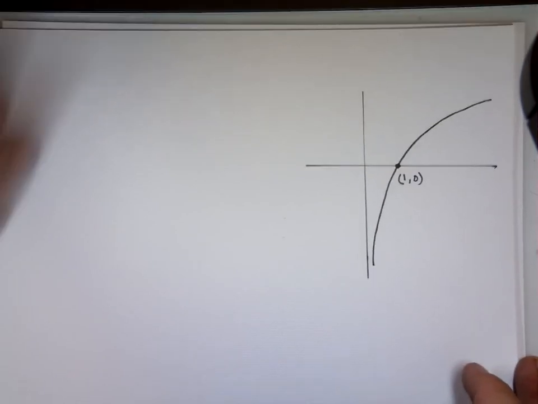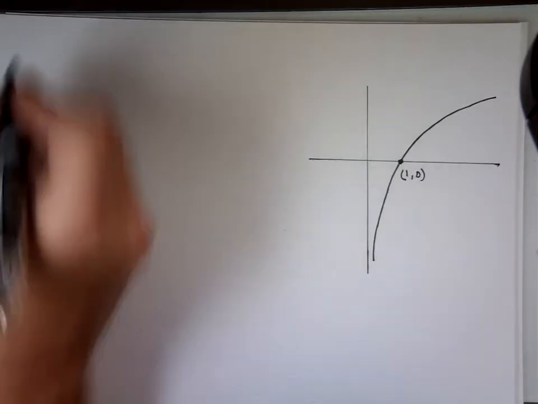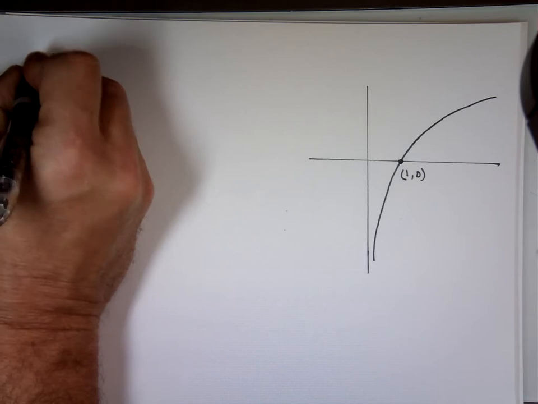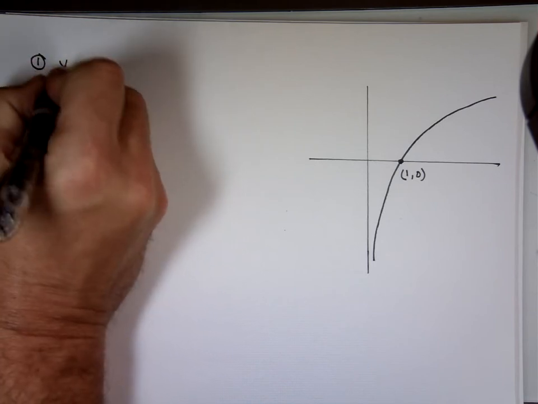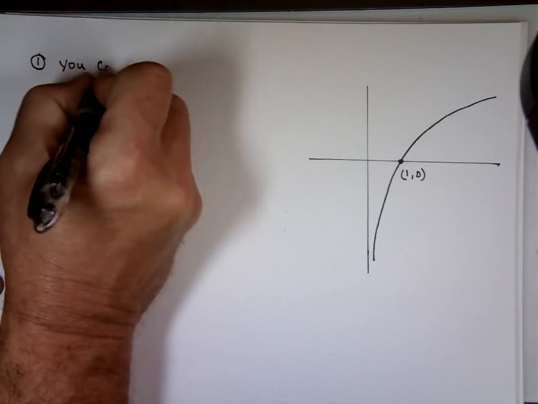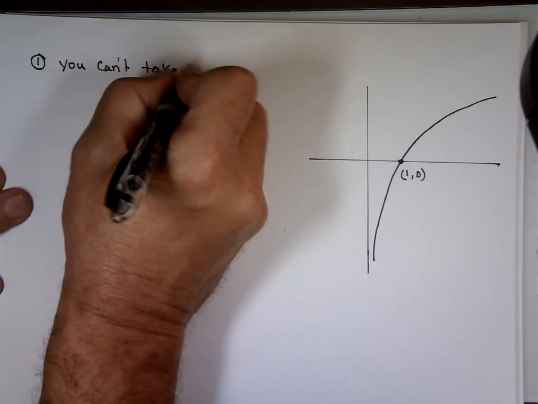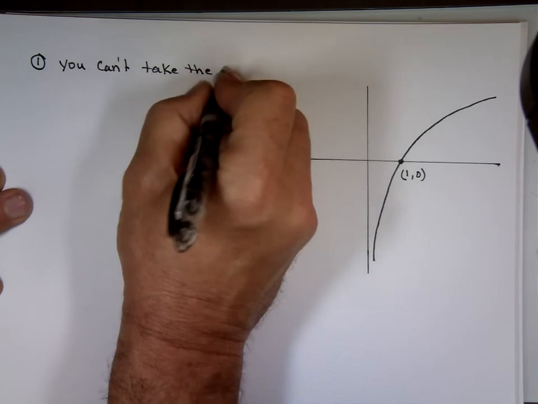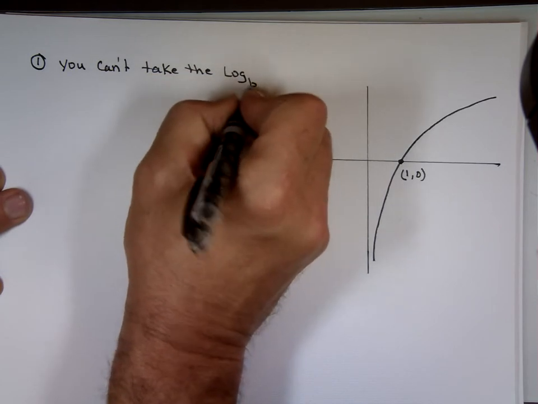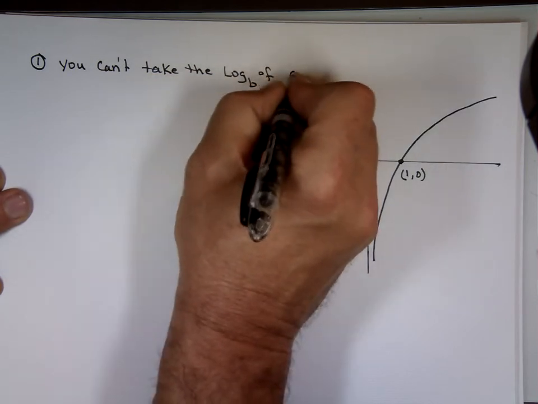What's the first one? Rule number 1, last time we said, you can't take the log of what? The log, I don't care what the base is, of a negative number or 0.